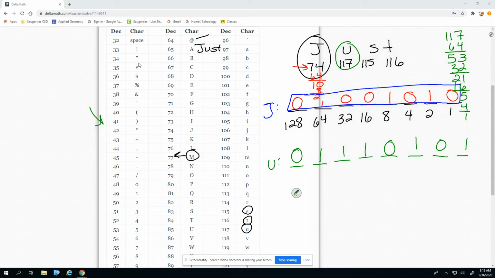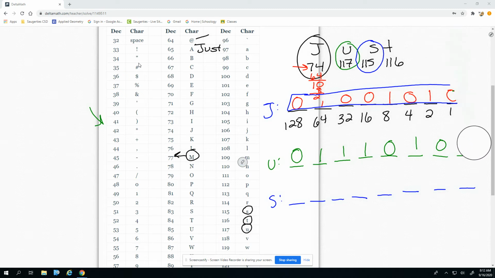Now the nice thing is, since S and T are so close to that, I know that S is going to start out the same way, and it's just going to be different at the end. So I'm going to do the 115. I'm actually going to erase this 117 and put that on the side.